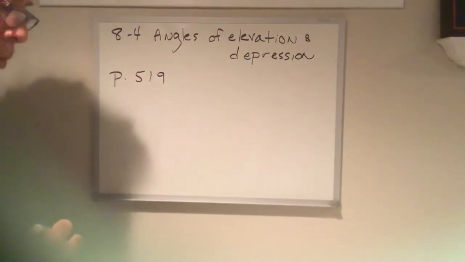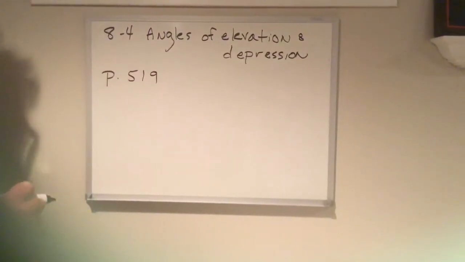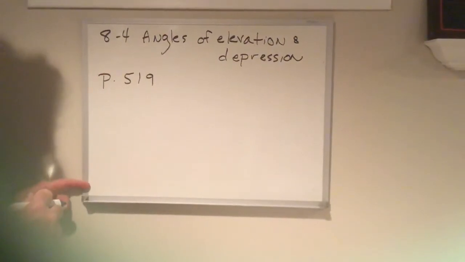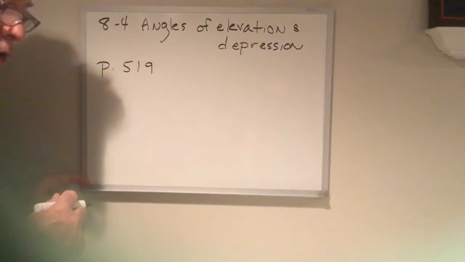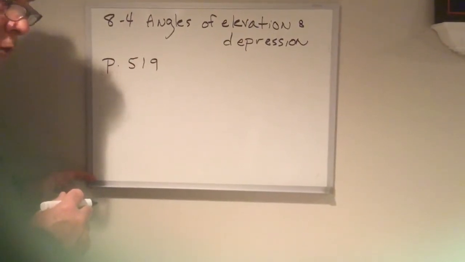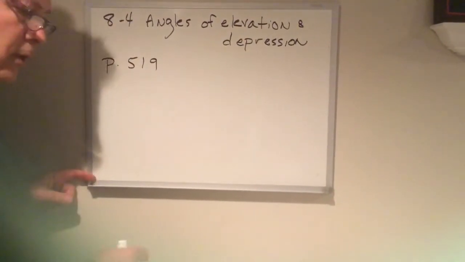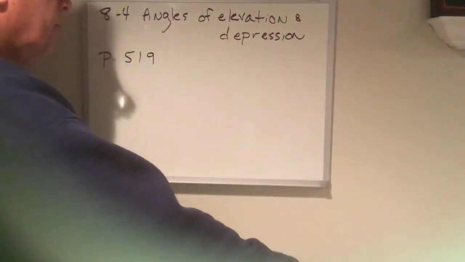Now I'm going to go to page 519 in the book because I want to do what we're going to call a word problem. And I'm going to be drawing some pictures, so hang in there. A meteorologist measures the angle of elevation of a weather balloon as 41 degrees.